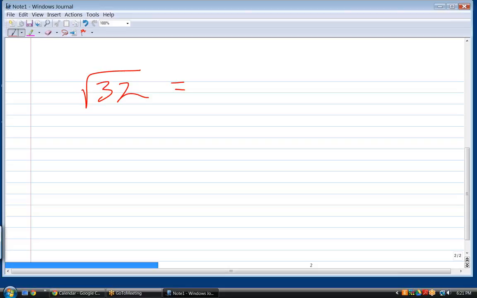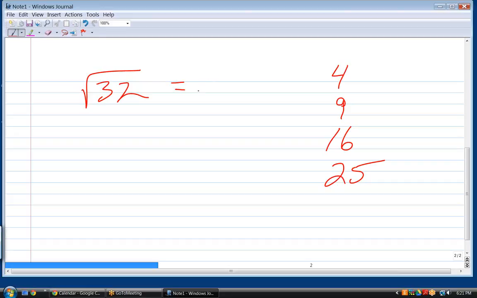Factors of 32, what are they? Here, let me put my list of perfect square numbers on there again. I noticed I don't have to look at any beyond those 4, because there's no bigger number than 25 that's going to divide into 32. 16.